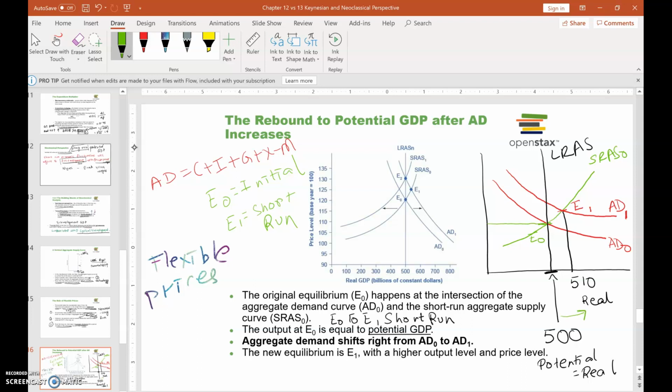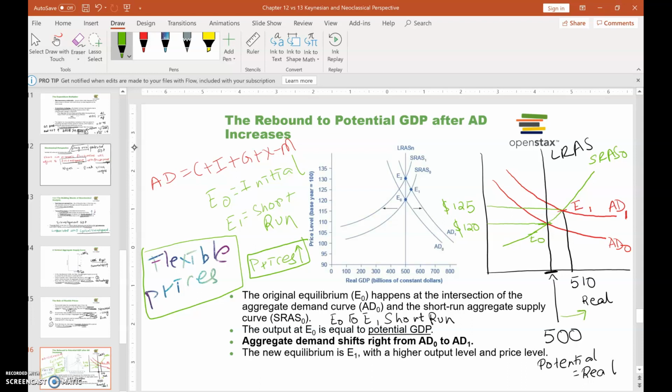If I compare the vertical axis, I would see the prices definitely went up from 120 to 125. Because we have flexible prices, the prices are allowed to increase, unlike the Keynesian model where prices were not allowed to go up.